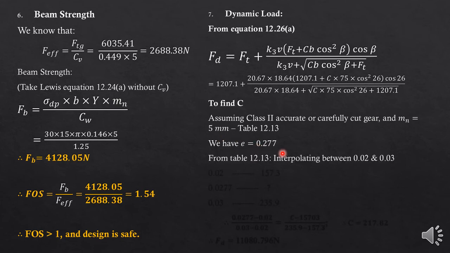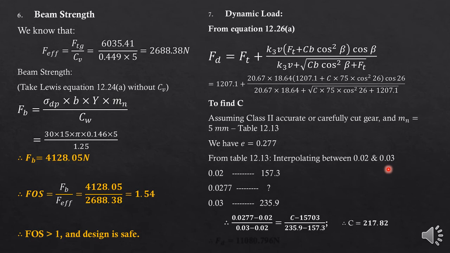Okay, now from table 12.13 we see that error e equal to 0.277. From table 12.13, error lies between 0.02 and 0.03. Interpolating for 0.0277, we get the dynamic factor as 217.82.